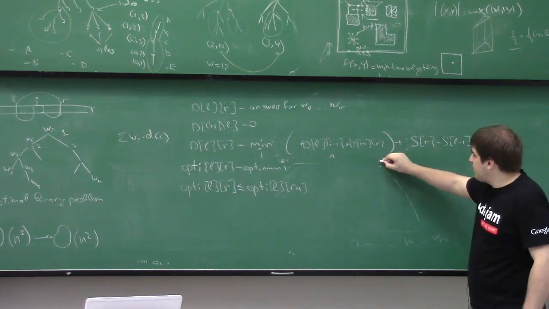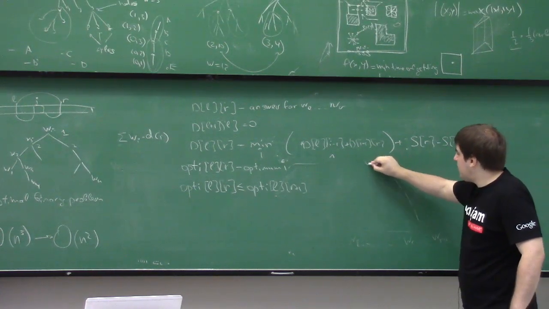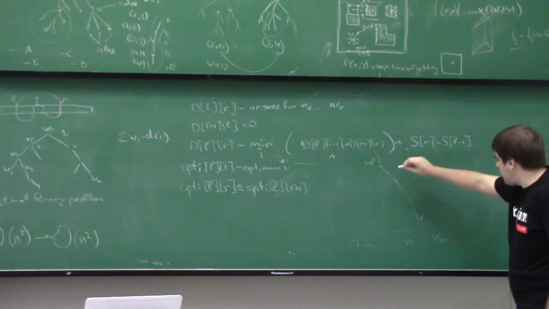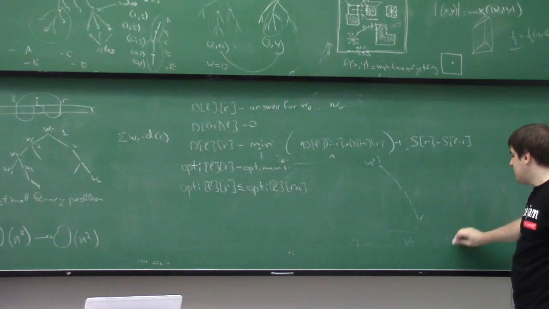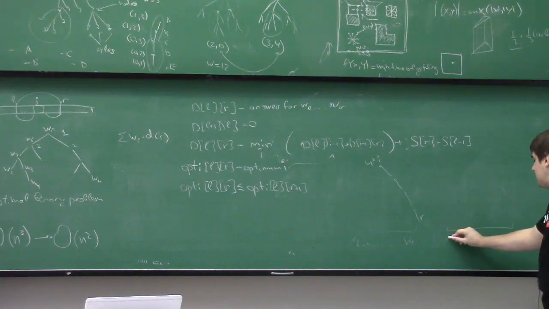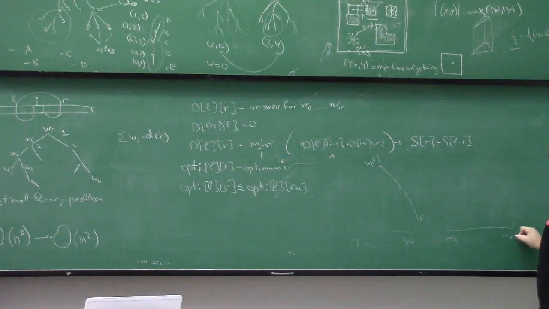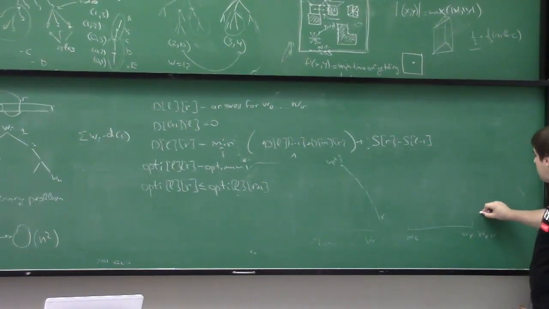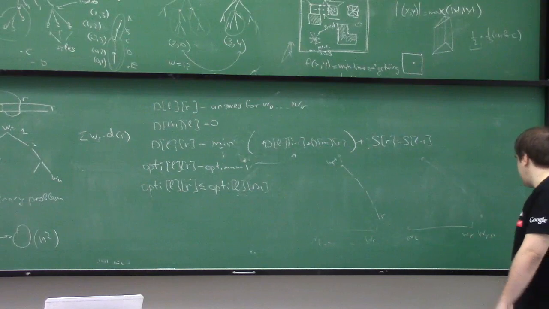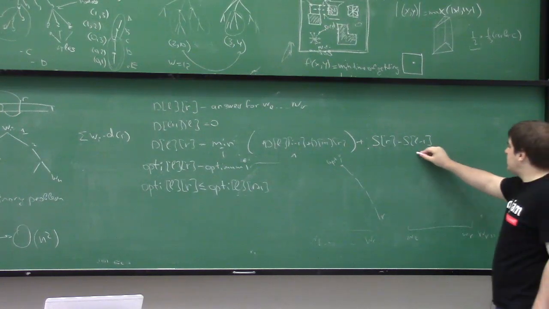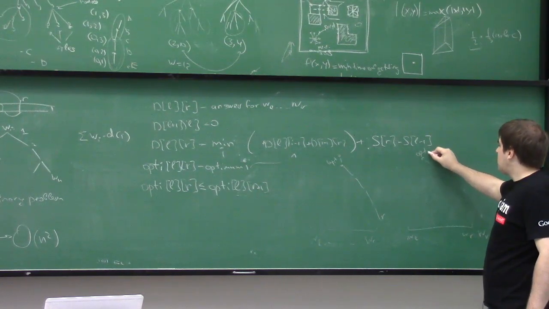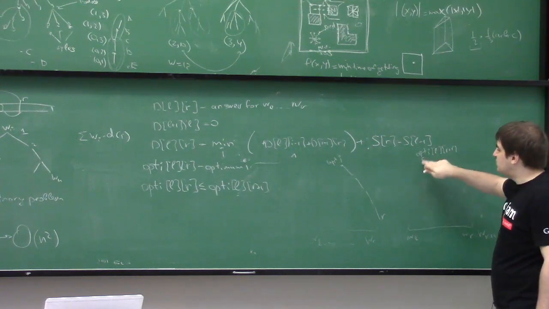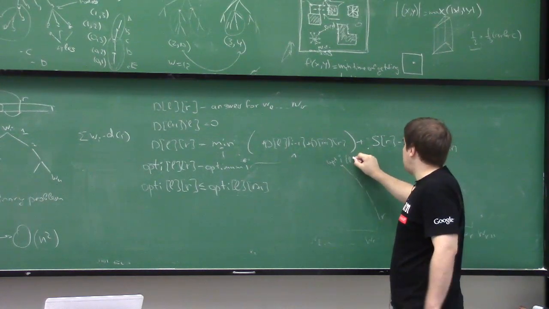Consider the path from the root, opt i, to R, the right path. Consider the same path for the situation when you have WL, WR, WR plus 1, and the right path goes to R plus 1. Consider the opt i of L, R plus 1. Suppose that it is smaller than opt i of LR.